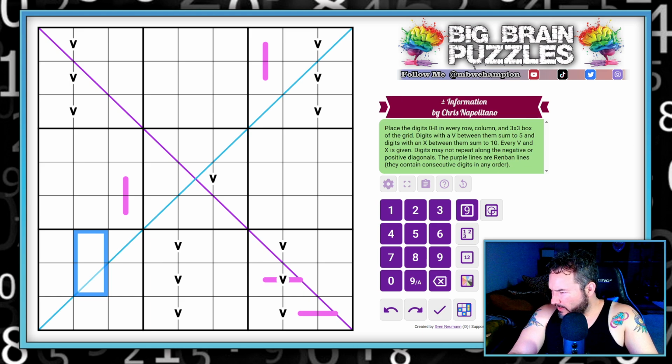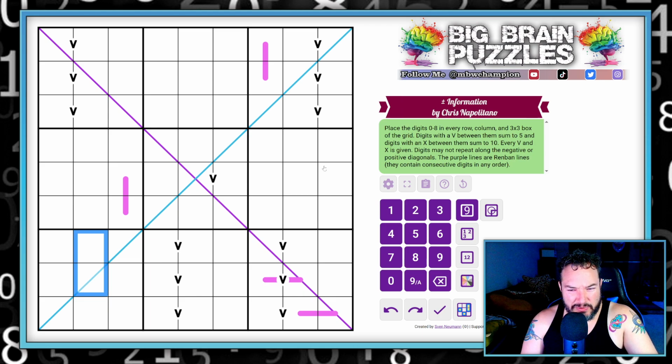All right. Digits may not repeat along the negative or positive diagonals. Is that like this diagonal? I'm wondering, because they did it in different colors, like the blue one is different from the purple one, maybe one's negative and one's positive.